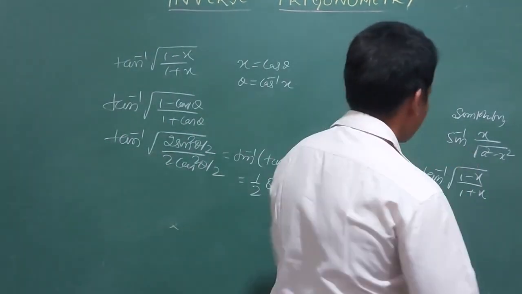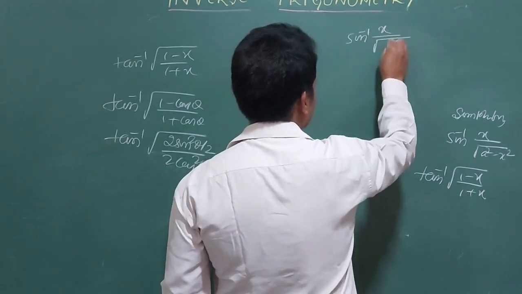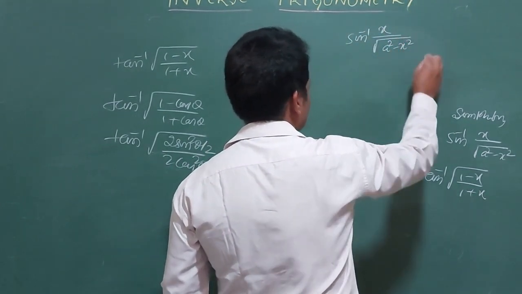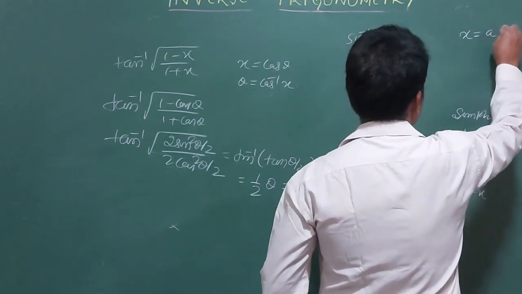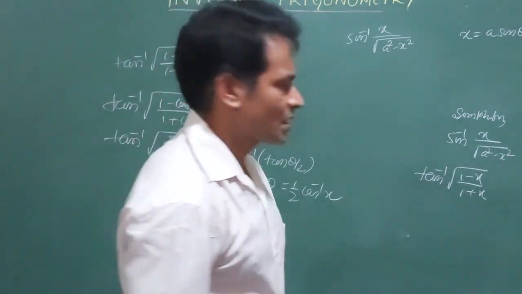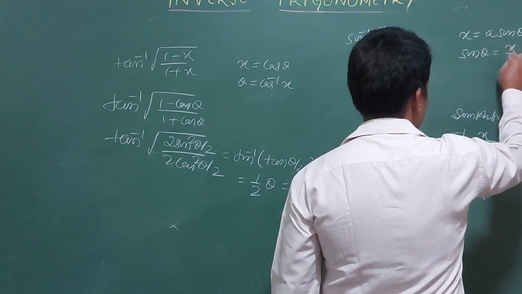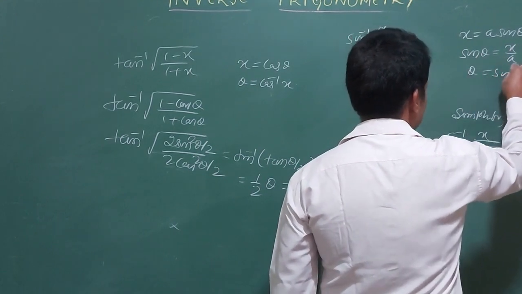So this question is simplified. Sin inverse of x by under root a square minus x square. So x is equal to a sin theta. This one I told you before, x equal to a sin theta. Get the value of theta from there. Sin theta is equal to x by a. This is a very good practice, writing it on the right hand side.